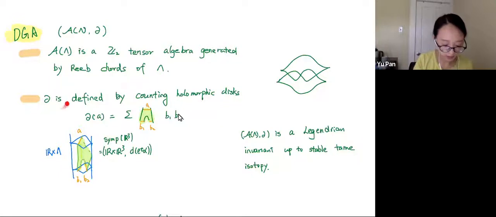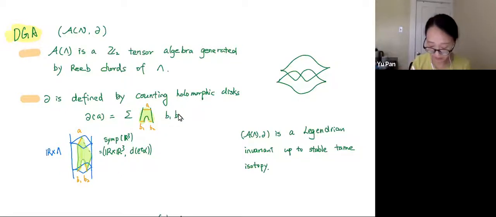The differential is defined by counting holomorphic disks in the symplectization of R3 with the boundary on the cylinder over the Lagrangian. Here we count holomorphic disks with one positive puncture and multiple negative punctures. The differential will map the positive puncture to the product of negative punctures.